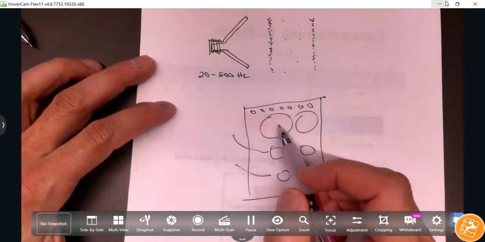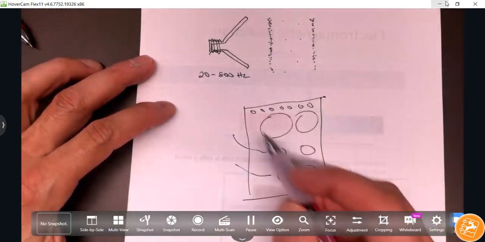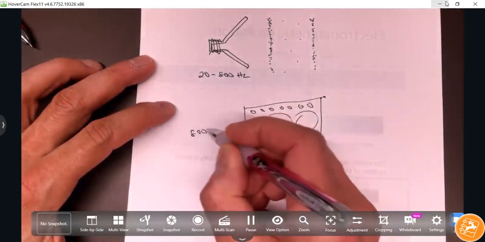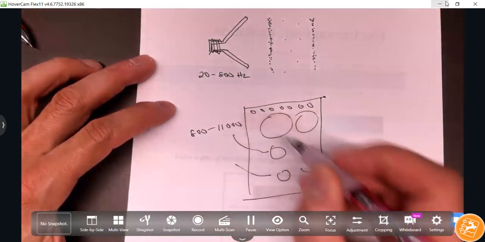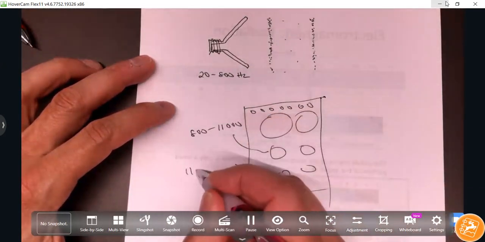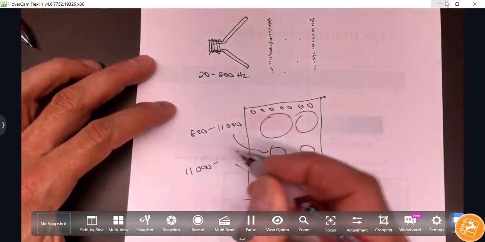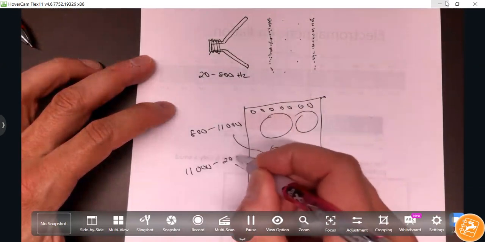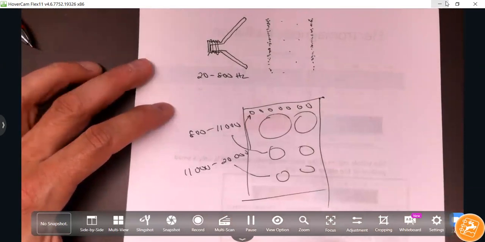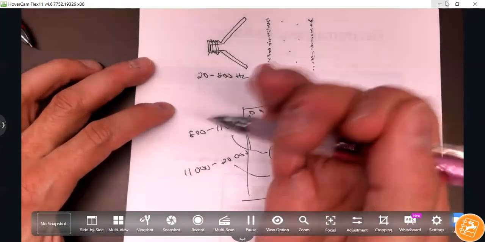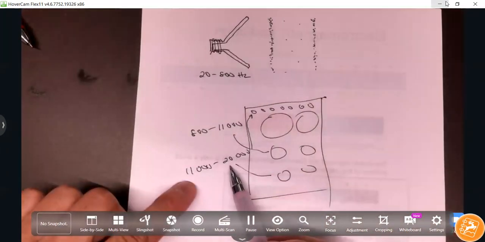These speakers are going to snap back maybe 20 to 800 times a second, then from about 800 to 11,000 these can snap back, and 11,000 up to 20,000 is going to be these. You need a really, really small speaker for that to snap back 20,000 times a second.